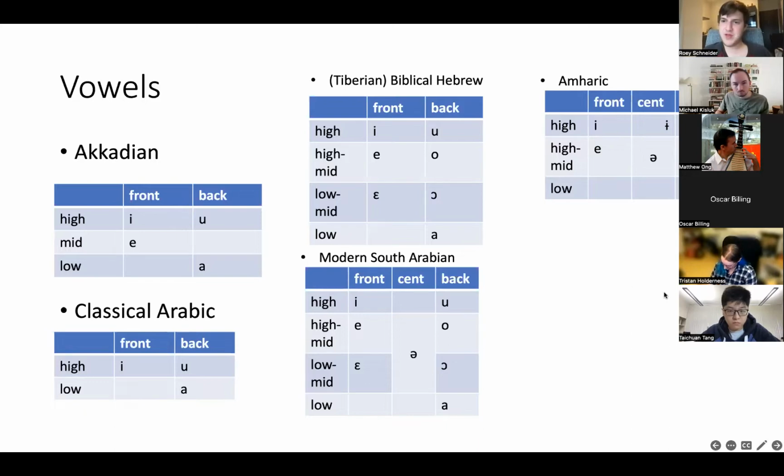And Amharic, and I think most, maybe even all, Ethio-Semitic languages have this system pretty much, which is one low vowel A, sometimes also a long one, and the three mid vowels, and the three high vowels, and what they actually refer to as the schwa.